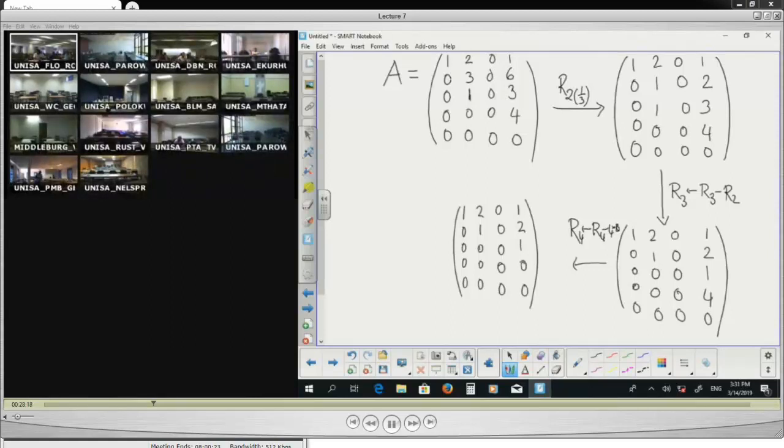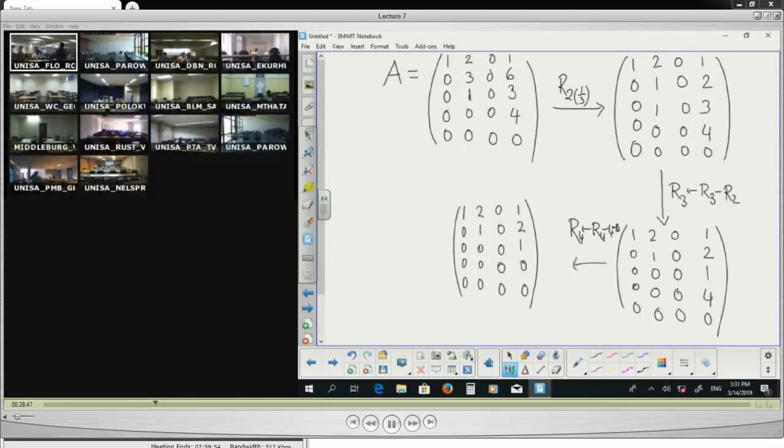Okay? Can you change columns? No, we don't exchange columns. Okay? And the reason is pretty obvious. Because linear transformations come up via multiplication of a matrix with a vector, right?